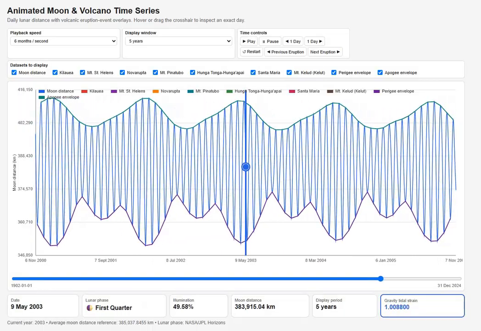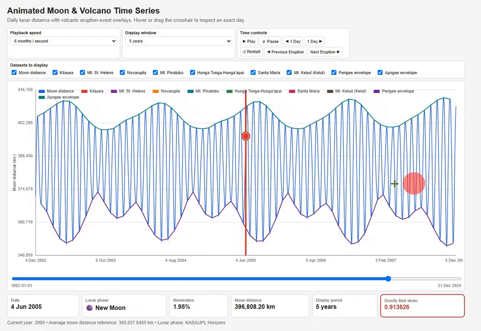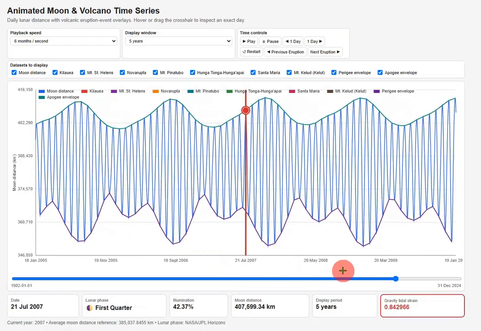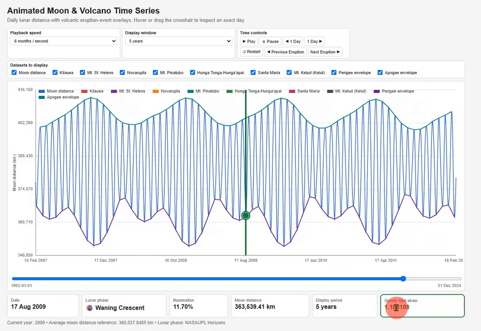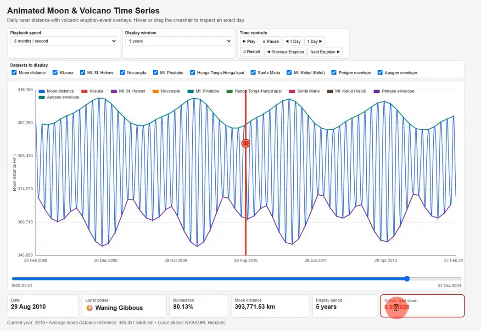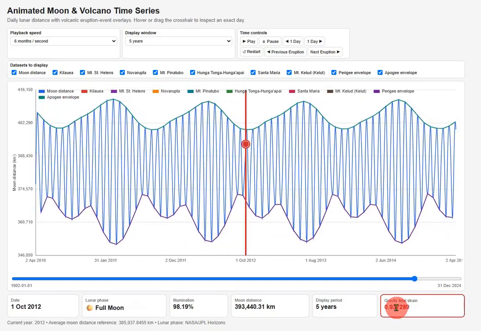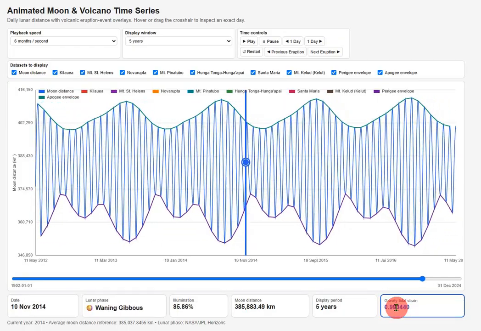I didn't have eruption times, so all my data is set for noon UTC for these dates. But there's probably some math that can be done with the actual location of the moon, sun, and Earth, to kind of triangulate and see if there's any kind of things like that.